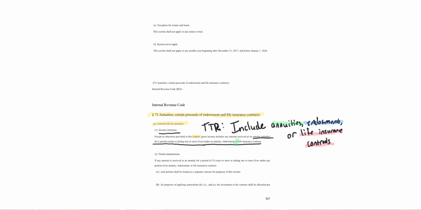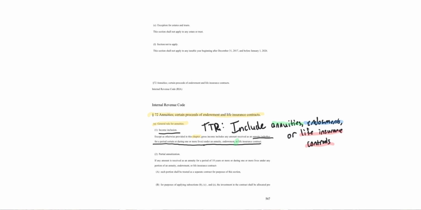All 3 of those things separately, if you get an amount of what those are, but we don't know what that is yet. We haven't defined that. We haven't looked at the definition. All 3 of those independently are considered gross income. You don't need to have all 3 of those is what the point is, okay? So we know what the general rule is to include.